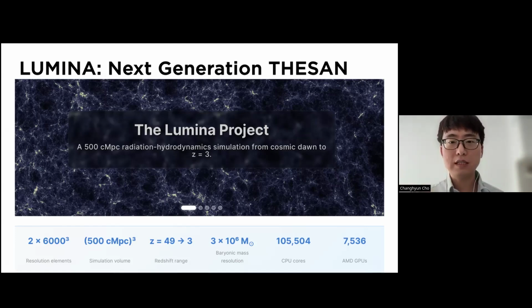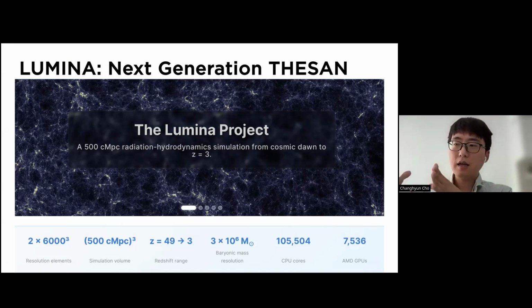And for the Lumina simulation, it's just like an observation. When you make a new telescope, most of the time the operators and developers take the data for the first few years. We do the same. Our collaborators use the simulation data first for the first one or two years, and then everything will be public.